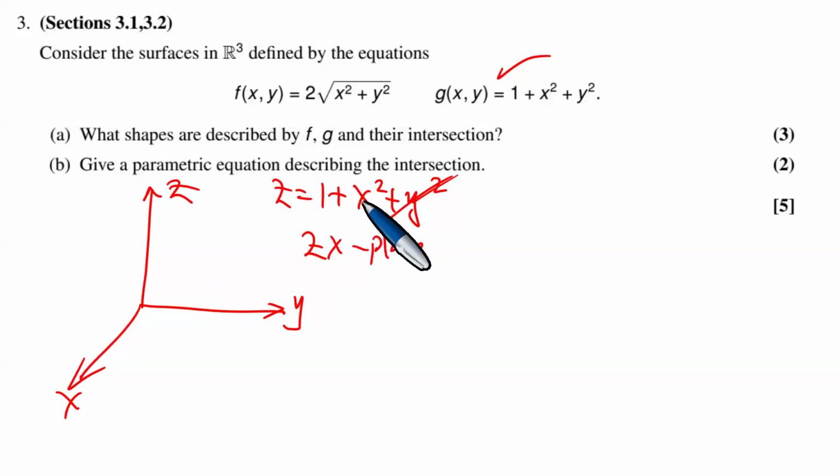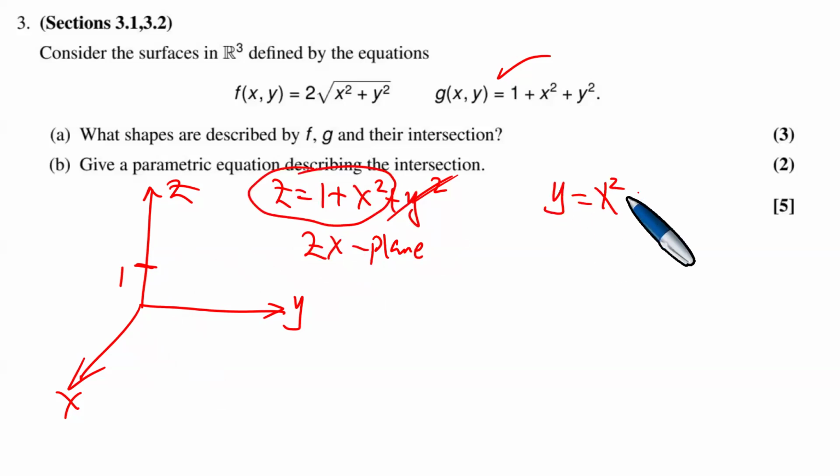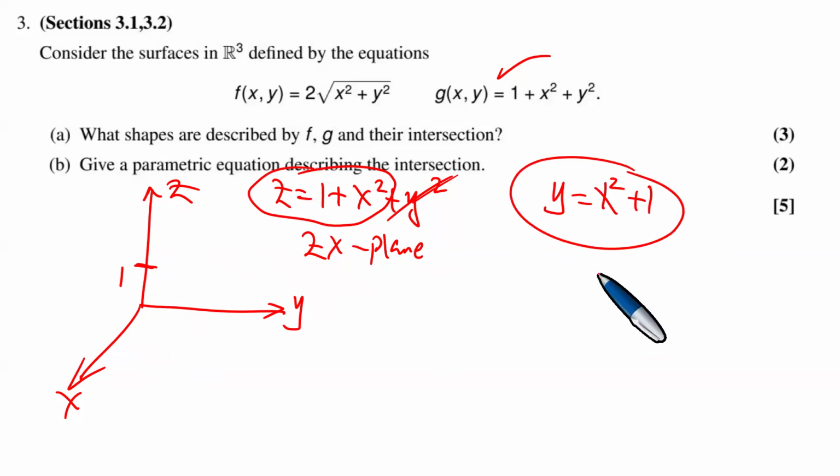So when x is 0, z is 1. Okay, we want to plot the graph of this. It's like in high school, if they say plot the graph of x squared plus 1, how do you sketch this one?